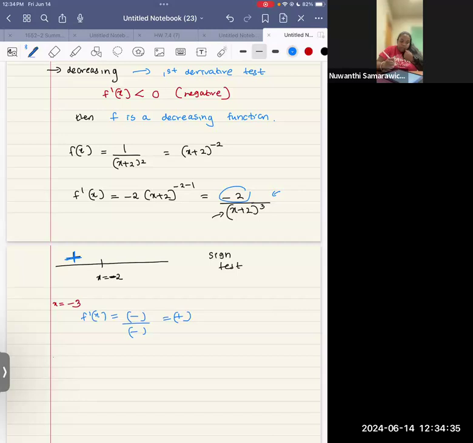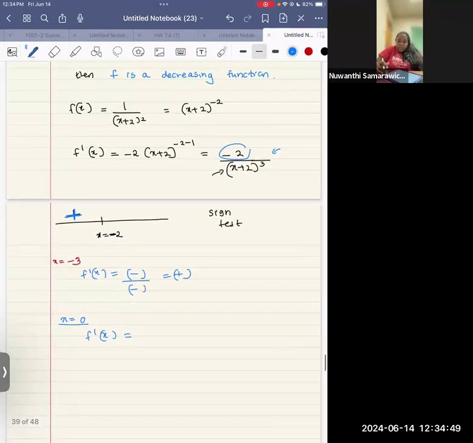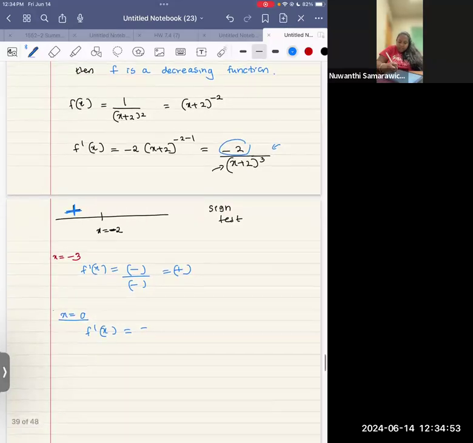Then what about when x is equal to, let's say, 0? Is your first derivative positive or negative? Negative, right? Because the numerator is negative and the denominator you will get positive.